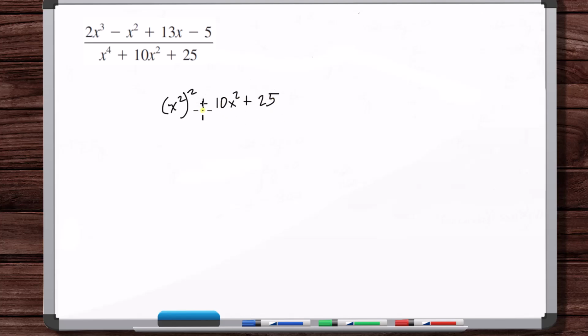And so this is a perfect square trinomial of the form x squared plus 5, squared, right? X squared plus 5 times x squared plus 5 is x to the 4th plus 5x squared plus 5x squared is 10x squared plus 5 times 5 is 25.